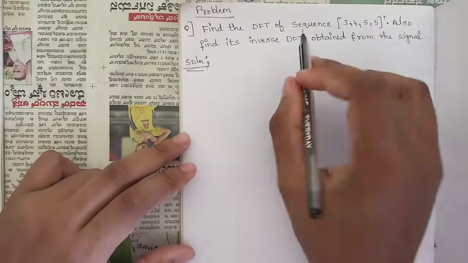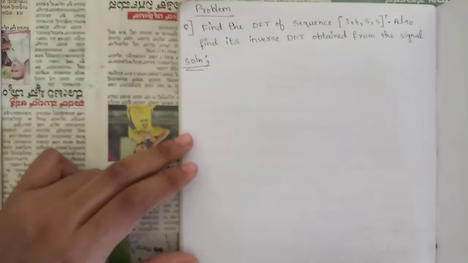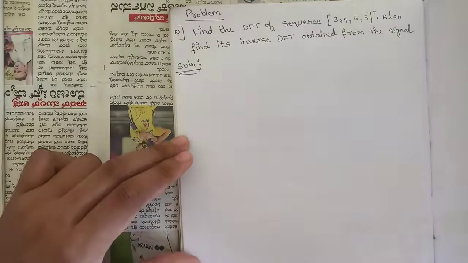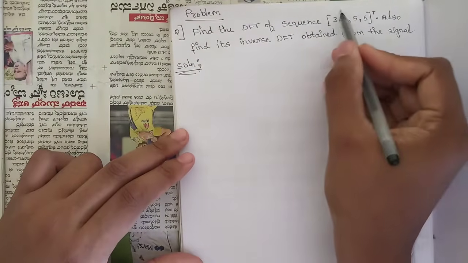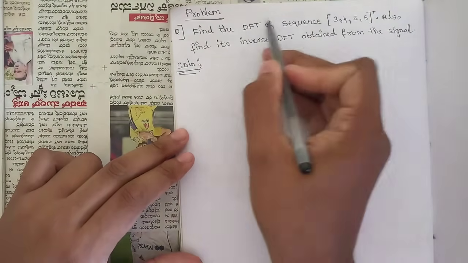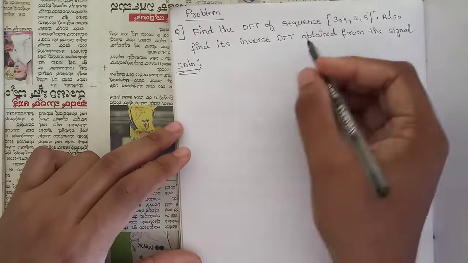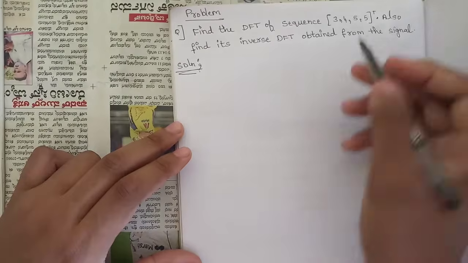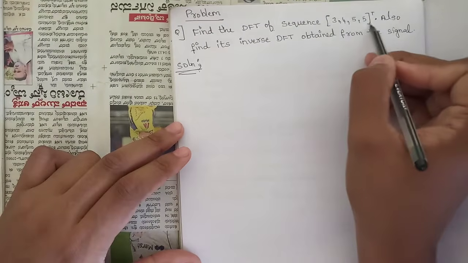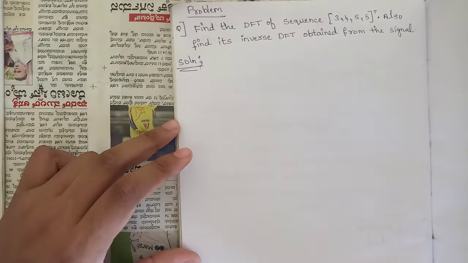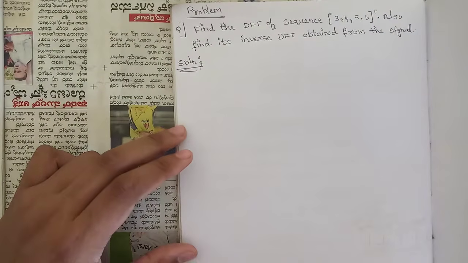Can anybody tell me what inverse discrete Fourier transform we should be getting? The inverse transform that we should get is this sequence itself. After we get the answer for the discrete Fourier transform, when doing the inverse, the resulting answer we should get is this set. If we do not get this set, then we have made a mistake. So now we'll solve this.